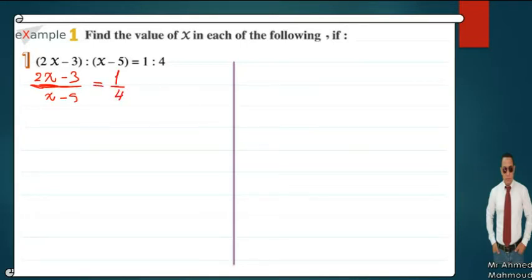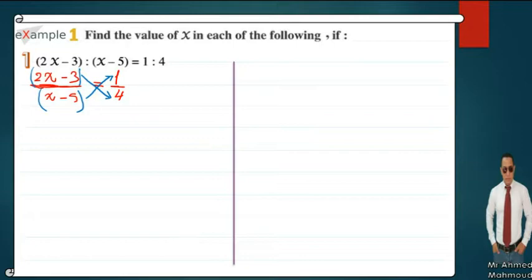Okay, now we take the cross multiplication. I'm going to multiply this expression times 4 and then multiply this expression times 1. This is called cross multiplication.